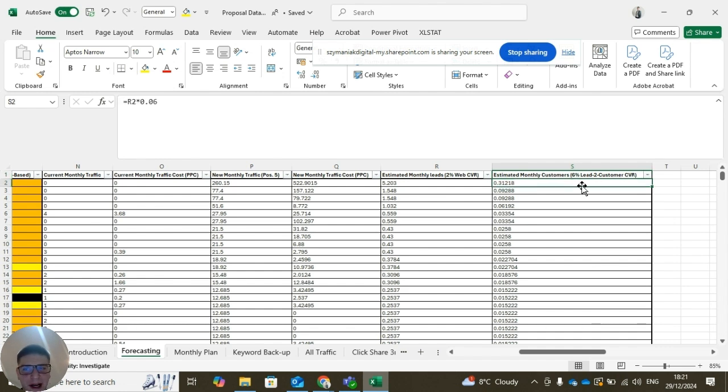And we were able to identify that based on, for example, this keyword, if we were able to get you 5 leads per month, 0.3 of those leads, so nearly a half, would convert into customers. So it just shows you the value of SEO.